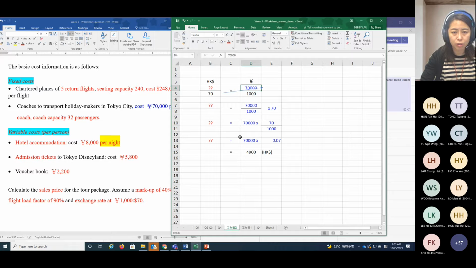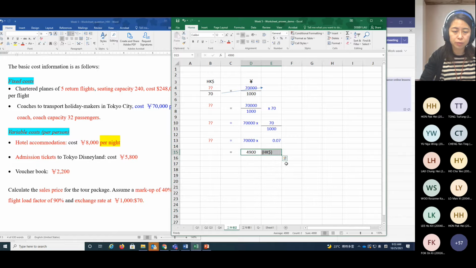After the calculation, you go to the other side and times 70. So you find the Hong Kong dollar, converting 70,000 Japanese yen equal to 4,900 Hong Kong dollars.